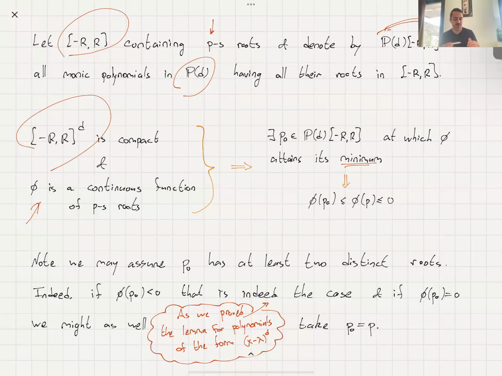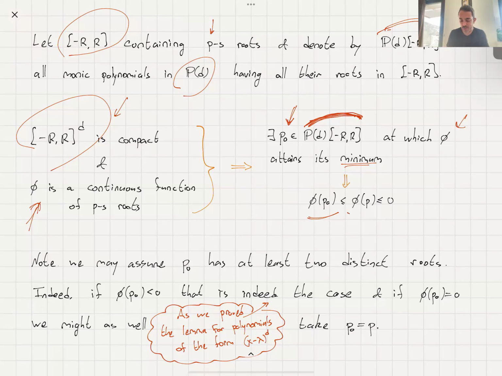But you have this compact set, and you have a continuous function defined on this compact set. So what does it mean? It means that the minimum is attained in the set, right? So there is some polynomial p0 in this set at which phi attains its minimum. So phi of p0 is the minimum.